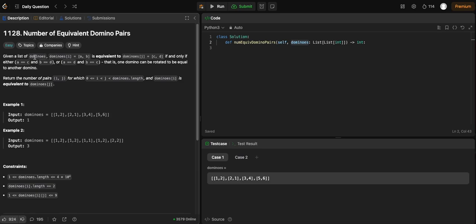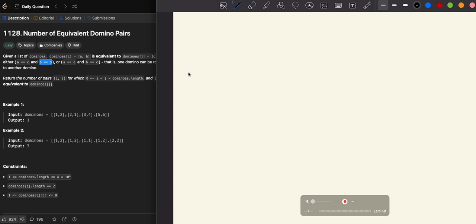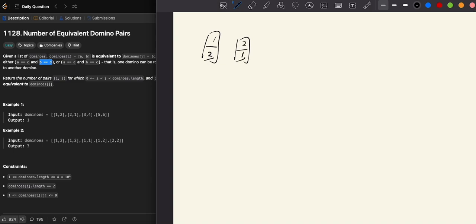So given the list of dominoes, dominoes i is equivalent to dominoes j if and only if either a is equal to c and b is equal to d, right? So that means if you have a domino with 1 and 2, it is equivalent to 2 and 1.